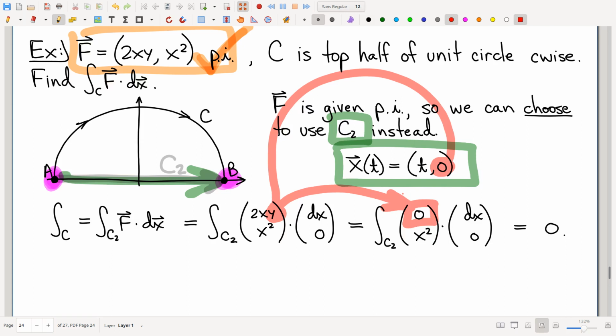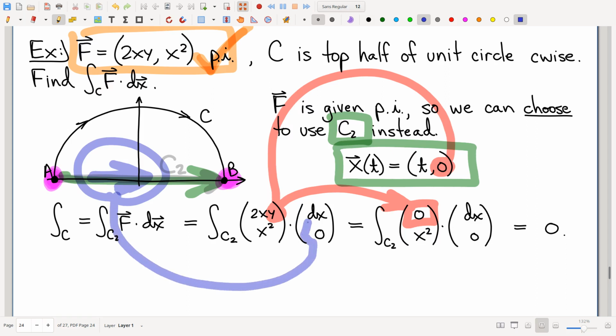Secondly, notice that y, in addition to being 0, y also never changes. Right? Notice that as I move along the curve, I always move exactly horizontally. And if y never changes, that means that dy is 0. Again, gotta love it.